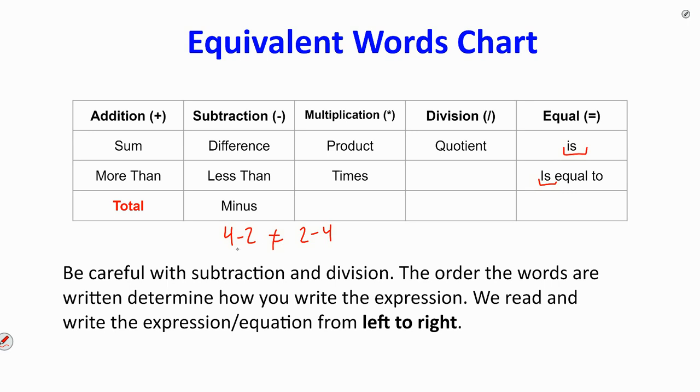So it matters in which order you put subtraction and division. If I did 4 over 2 and 2 over 4, again, those aren't equal. This is 2, this is 1/2. So when we do division, in particular with the word quotient and the word difference, we go from left to right with how it is written on the page.